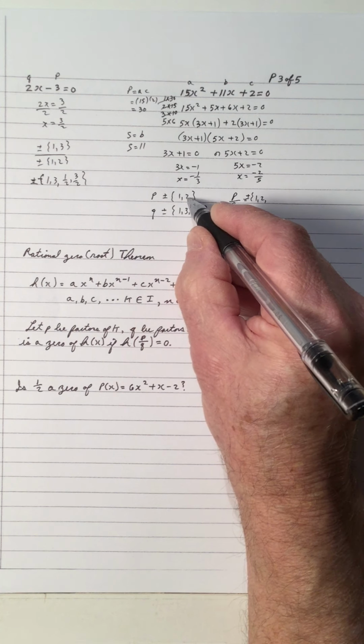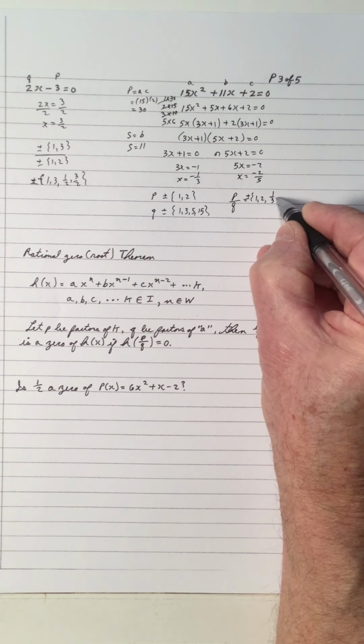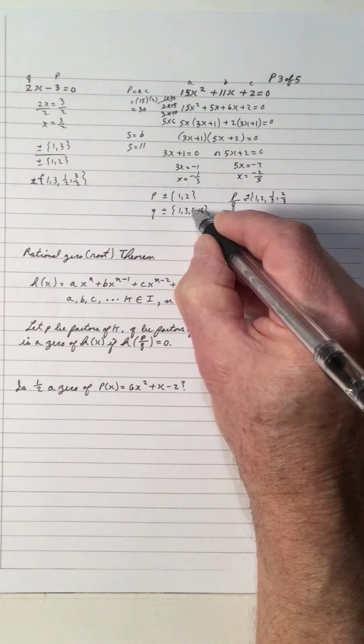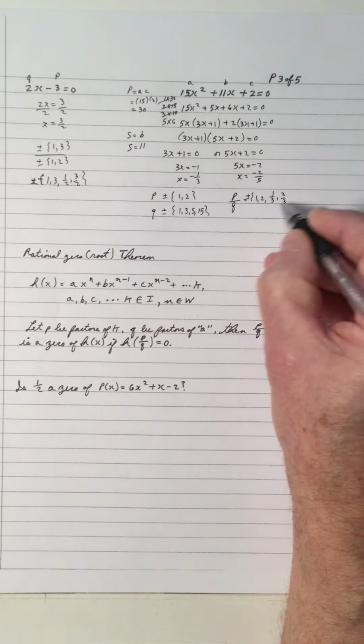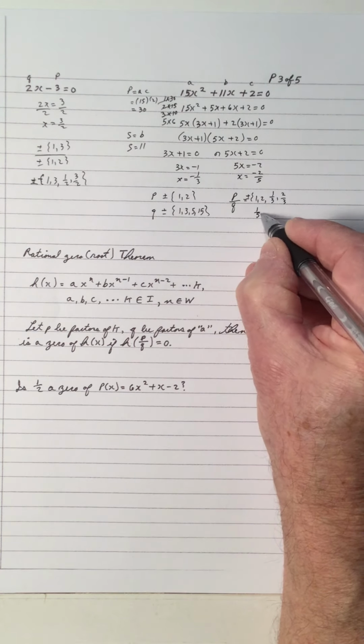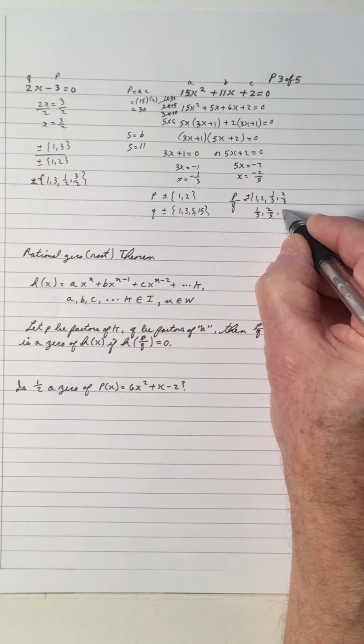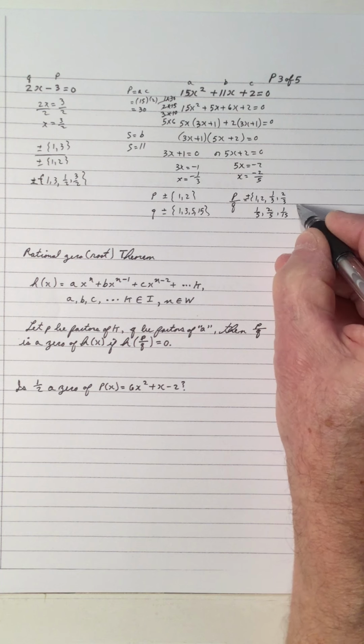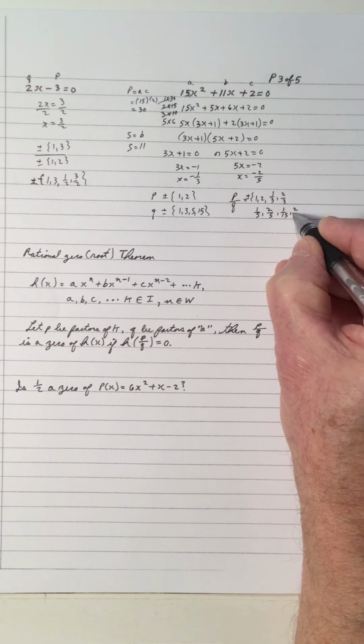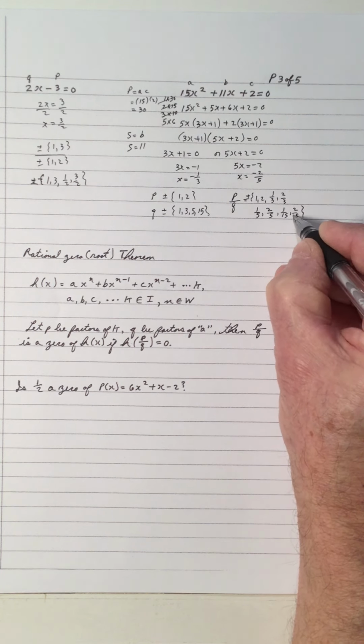Divide by 3, you get 1/3, 2/3. Divide by 5, you get 1/5, 2/5. Divide by 15, you get 1 over 15 and 2 over 15. So these are all the possible factors.